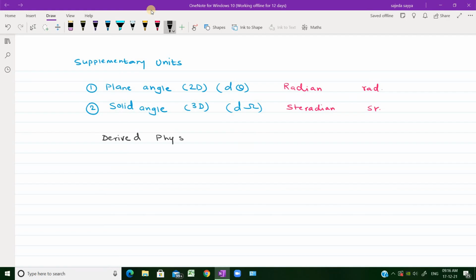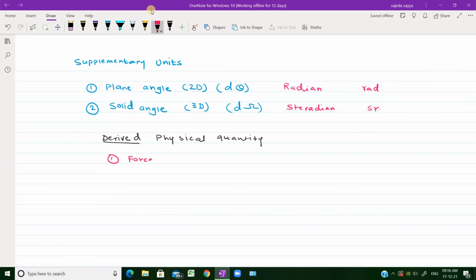As I stated earlier, derived, its name itself implies that it is derived from some other physical quantity. That is, it depends upon some other physical quantity for its measurement. So, derived physical quantities, let us see one by one.